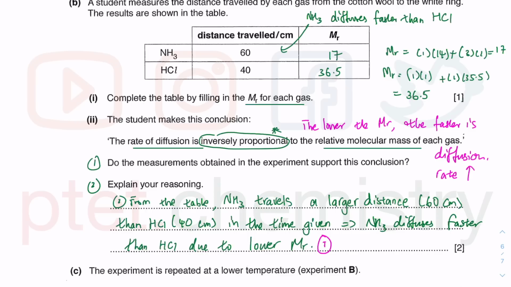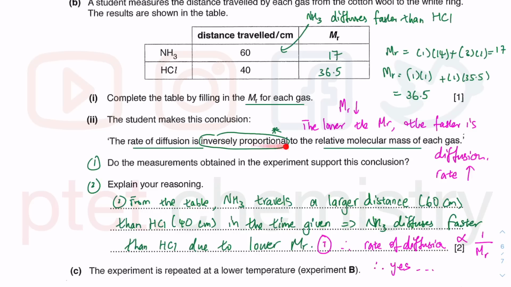That is inversely proportional because this is opposite to that. So that is saying MR decreases, therefore rate of diffusion increases. It is inversely proportional, meaning 1 over the MR, and that is correct. So therefore, yes, it is inversely proportional.